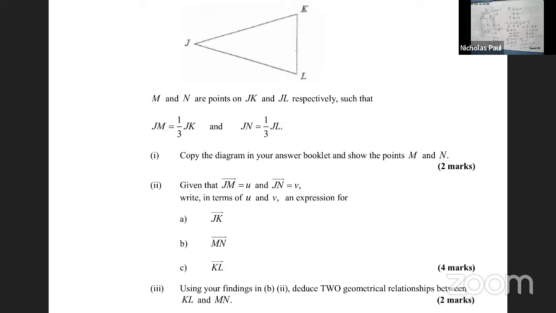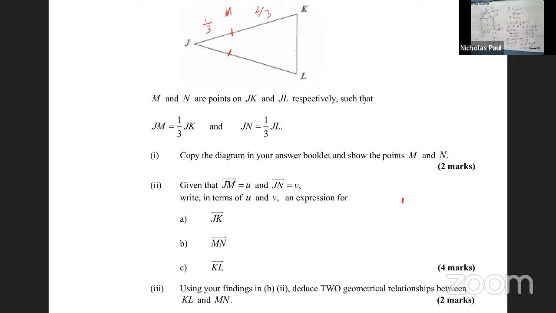Finish the diagram. So let's see where N and M are going. JM is 1/3 of JK. So M here is 1/3 and here's 2/3. JM is 1/3, and JN is 1/3 of JL again.